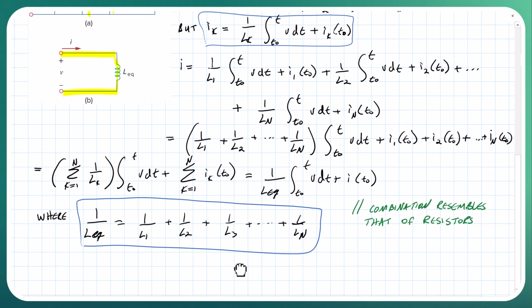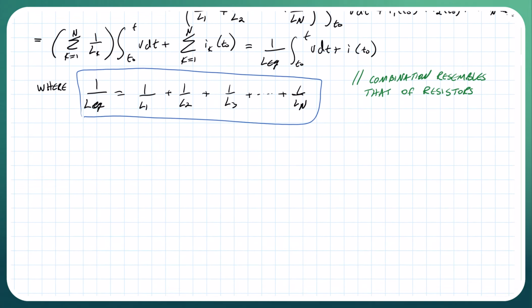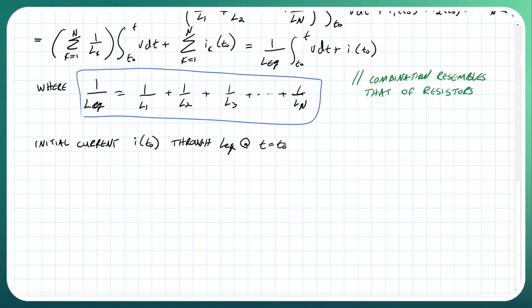And the other thing we note is that the initial current I at t naught through our equivalent inductance at t equals t naught is expected by Kirchhoff's current law to be the sum of the inductor currents at t naught.